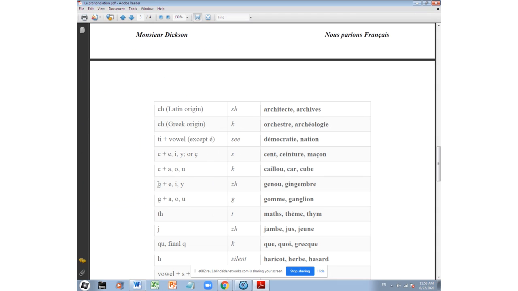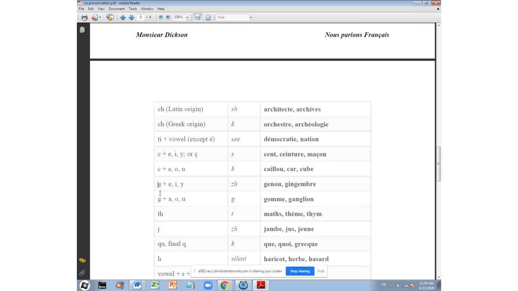Next, we have G here. When letter G is followed by letter A or E, the sound is like Jean. So here we say genou, gingembre, the two words. But when letter G is followed by letter A, letter O, letter U, the sound is now ga, go, gu, not ge.